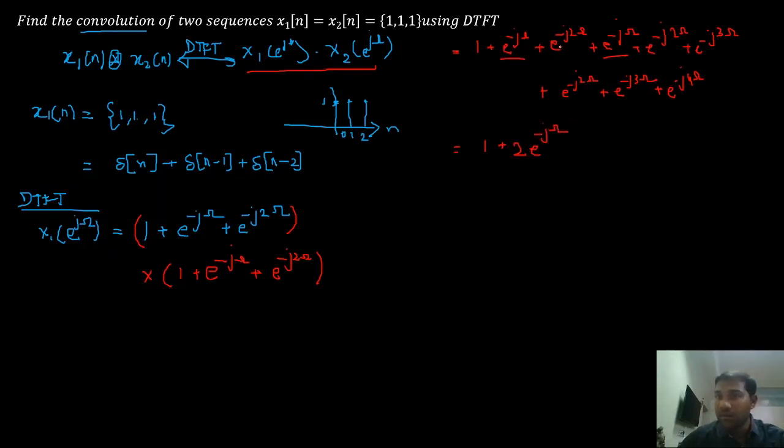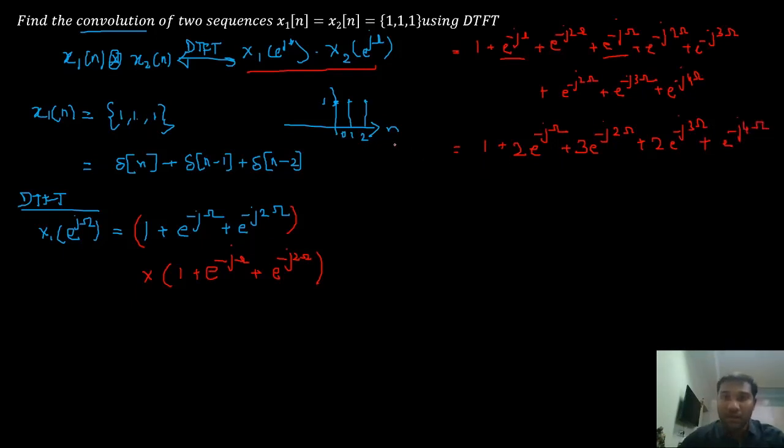And then 3 e power minus j 2 omega, and how many 3 omegas I have? I have 2 3 omegas, right? So 2 e power minus j 3 omega plus e power minus j 4 omega.